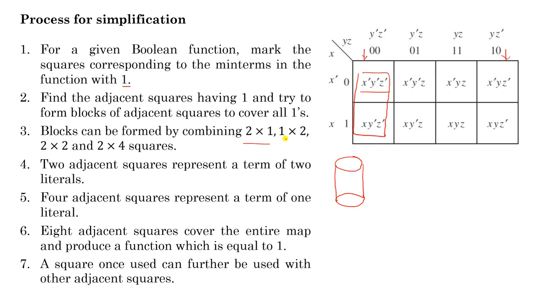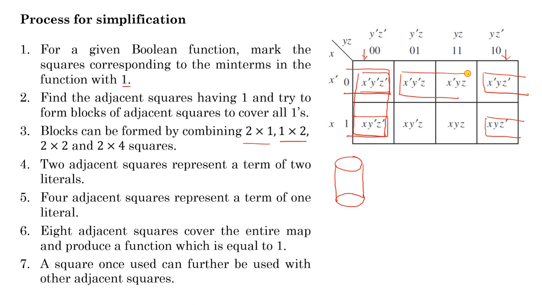Now look at this, the next block of size 1 by 2. As I told you, you have to assume that it is framed in a cylindrical surface. So 1 by 2 may be this one or this one, this one or this one also, or it may be possible in these two places.